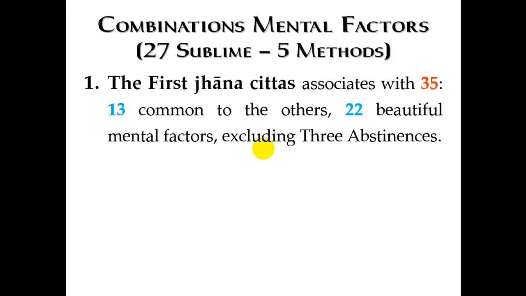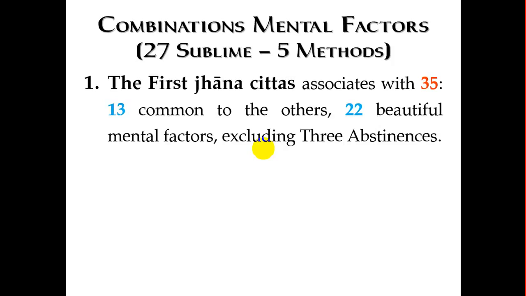Of course it's a little bit confusing, because first of all you have to know that now we are learning based on the chitta. We are learning how many Cetasikas are associated with it. But your question is based on the Cetasika, the mental factor. Those are two different chapters.